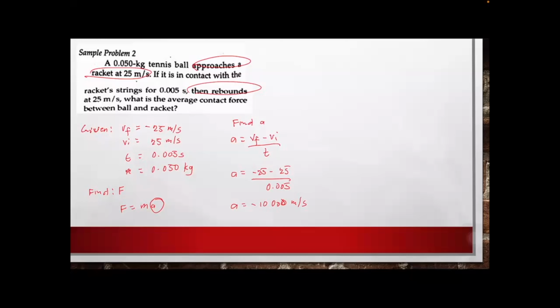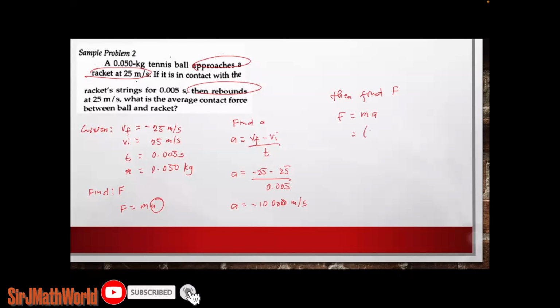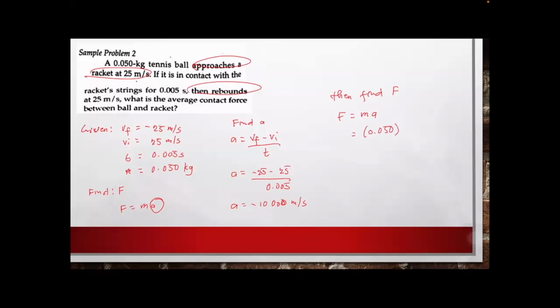Then, find F. We can now find F. So, F is equal to ma. So, yung mass natin is 0.050 multiplied by negative 10,000. So, yung force natin, this will be negative 500 Newton.